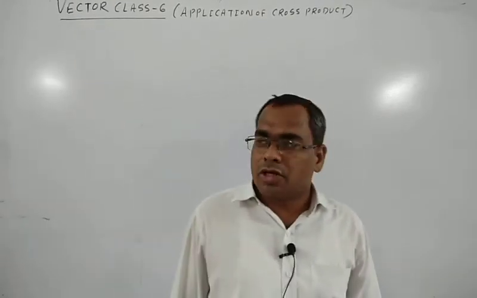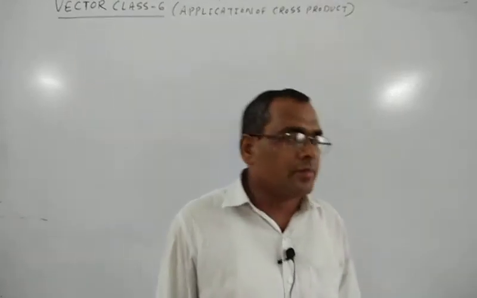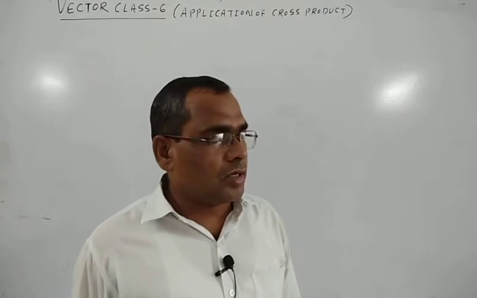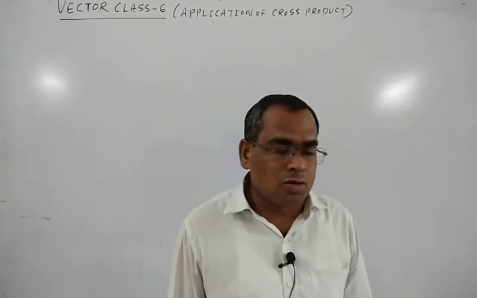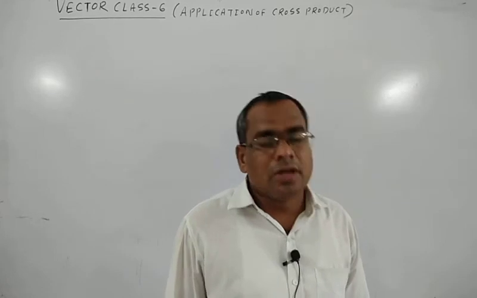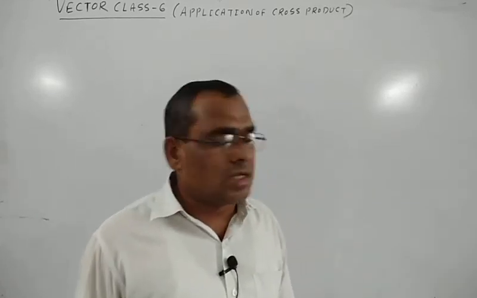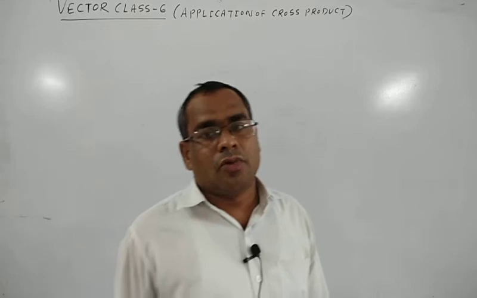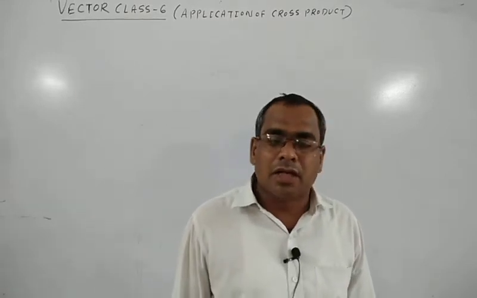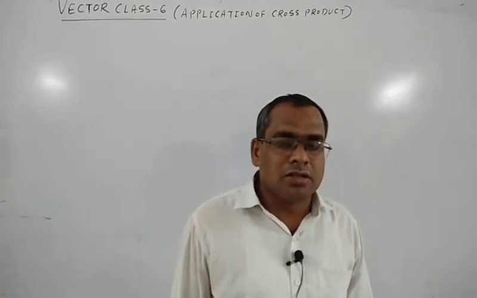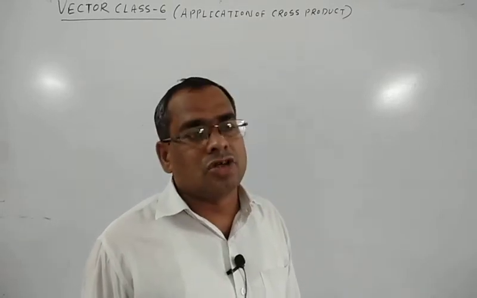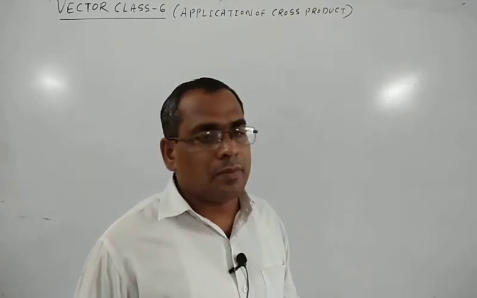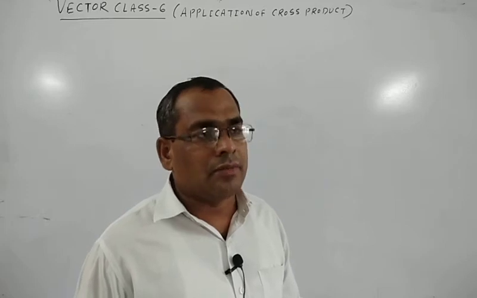The cross product of two vectors is denoted by A vector cross B vector, where A vector cross B vector equals magnitude of A times magnitude of B times sin theta into n cap, where n cap represents the unit vector in the direction of A cross B, which is also perpendicular to the plane containing A vector and B vector.